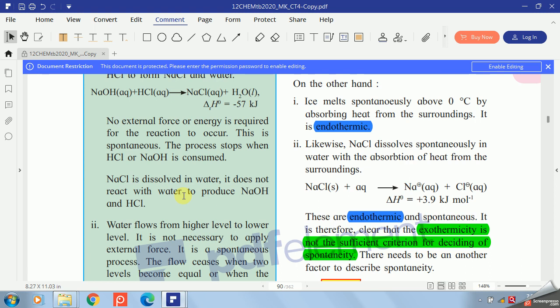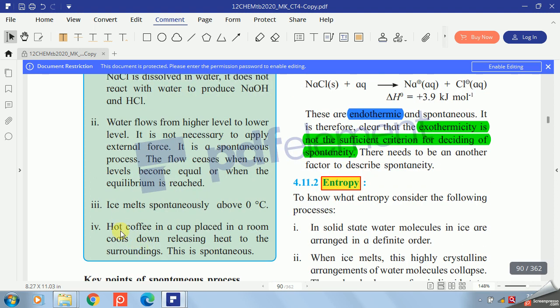But if we have to flow the water from lower level to higher level, we have to use an electrical motor, that is the external influence applied to flow the water from lower to higher. So that is not spontaneous, that is a non-spontaneous process.